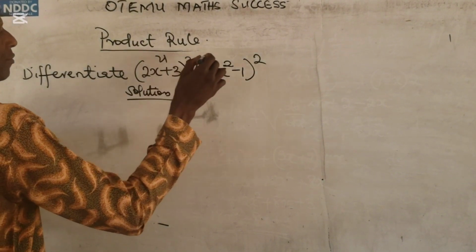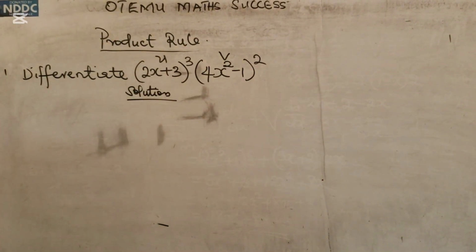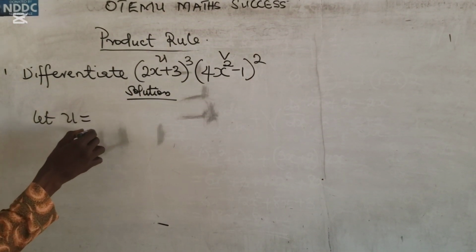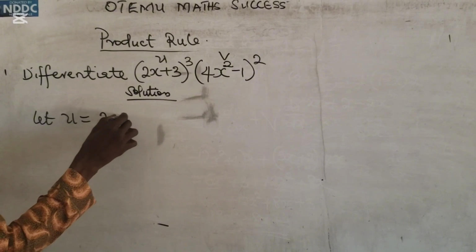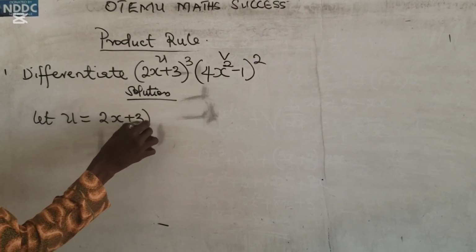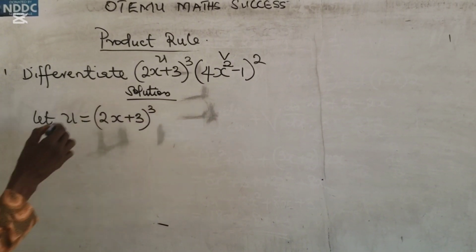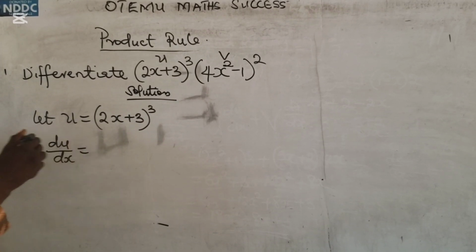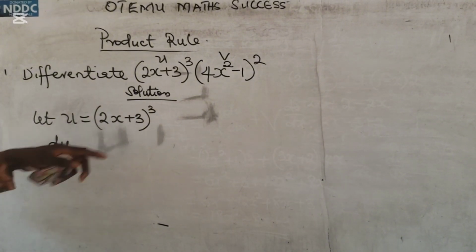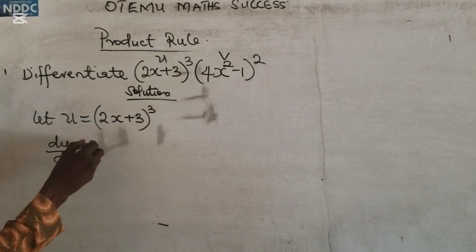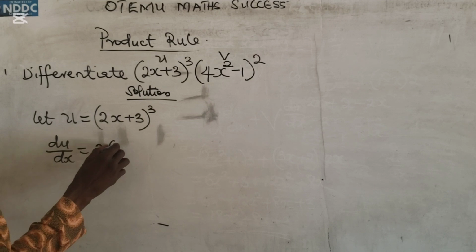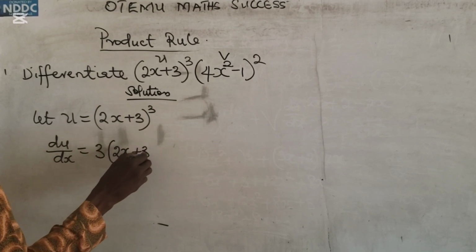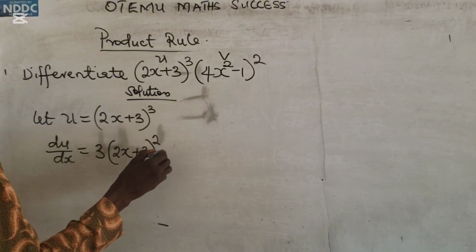Let me call here U. Let me call here V. And I say let U be (2x + 3)^3. So du/dx, using chain rule, this power will come down: 3(2x + 3)^2.